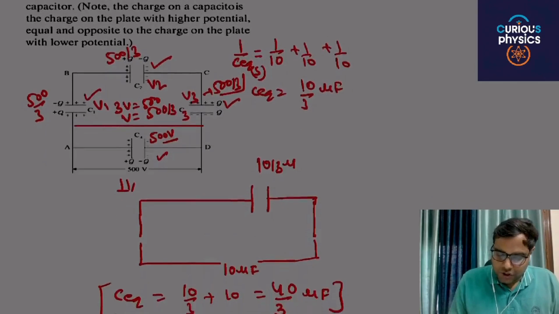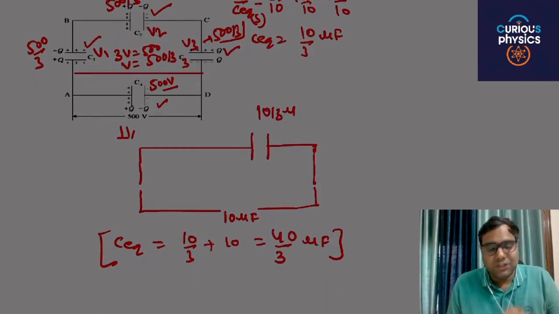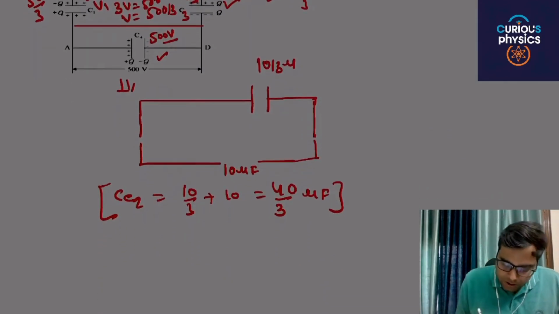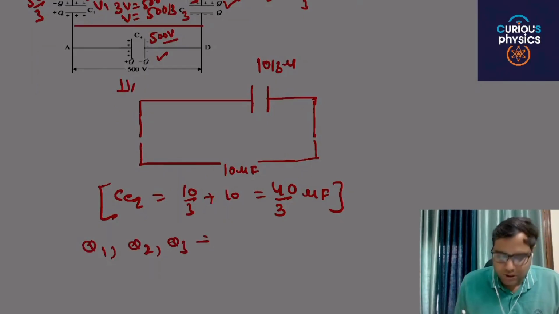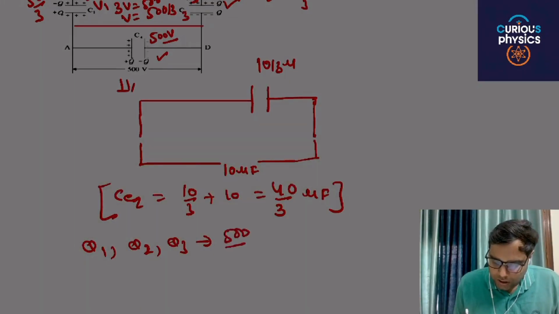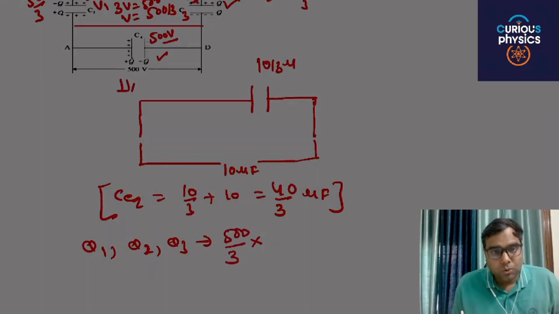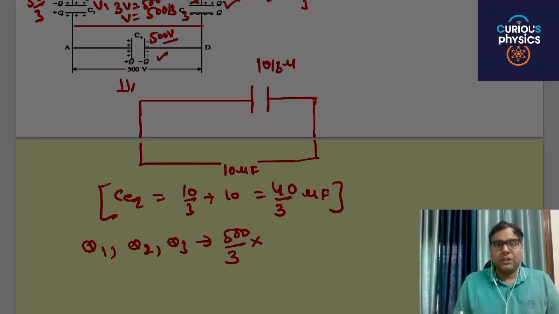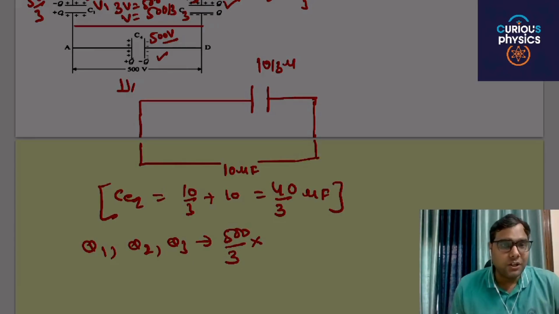So the charge across C1, C2 and C3 will be the same. Let Q1, Q2 and Q3 be the charges across C1, C2, C3, and that will be equal to potential into capacity.